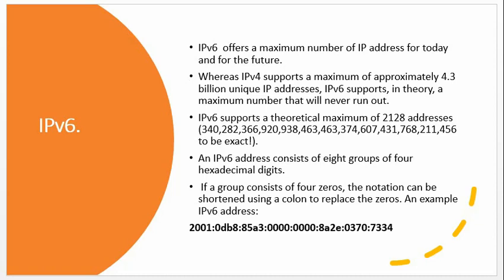So you can imagine with IPv4 we had 4.3 billion unique IP addresses. Now with the 4.3 billion IP addresses, the world is about 6 billion people. Now in today's world, each individual has a mobile device that connects to the internet.